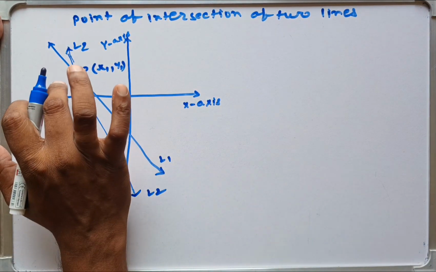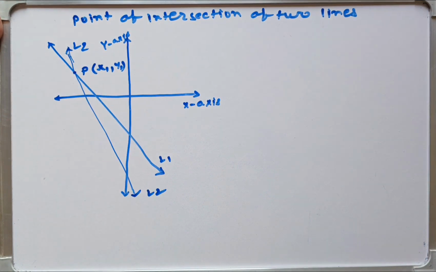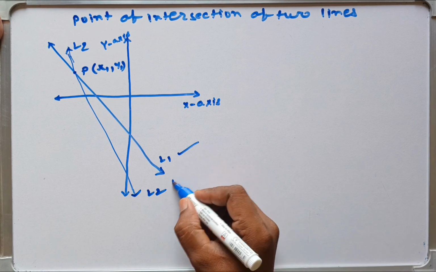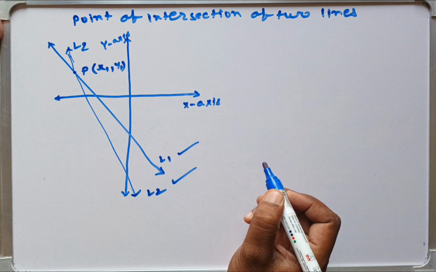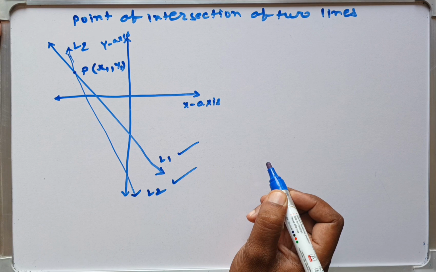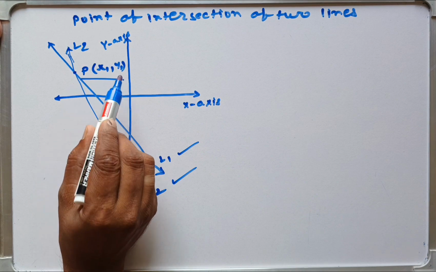If this point P is the point of intersection of the two lines, how could you find the value of this point when the equations of L1 and L2 are given? How could we perform the mathematical operation for finding the value of this point P?